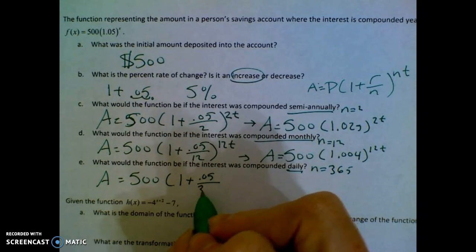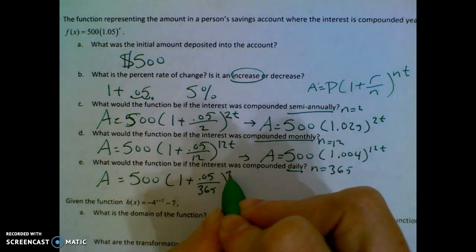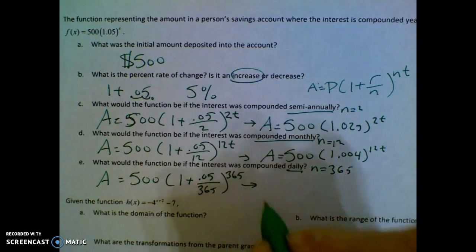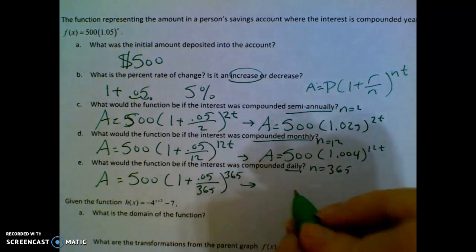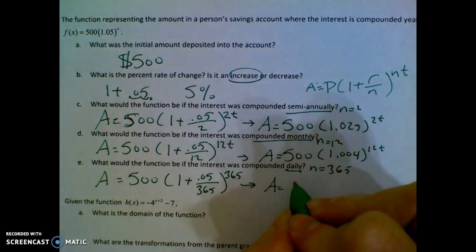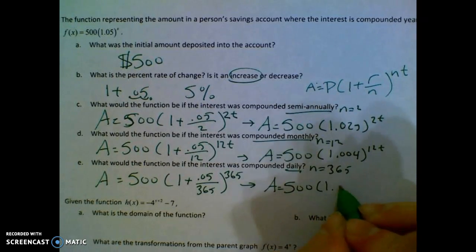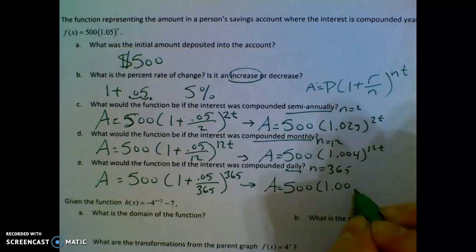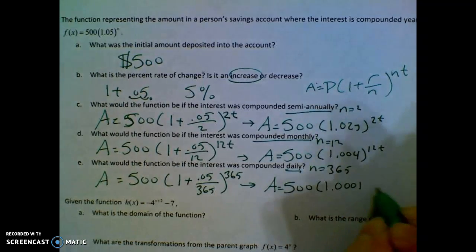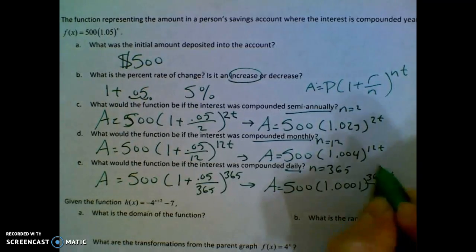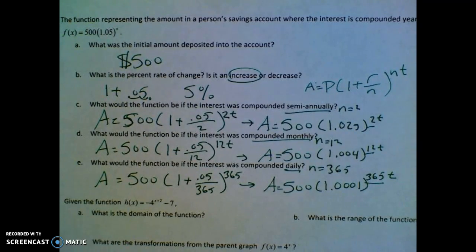The number of times per year is 365. If you type this in the calculator, you're going to get a really small decimal, but you're going to get 500 times 1.000137 to the 365t. And this is going to tell you in each equation how many times it's compounded per year.